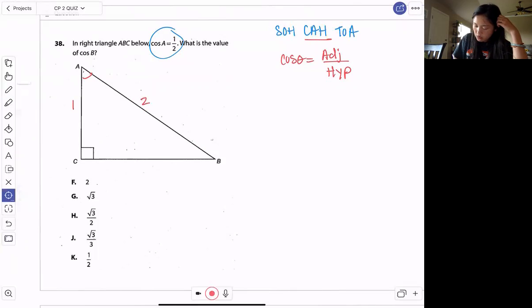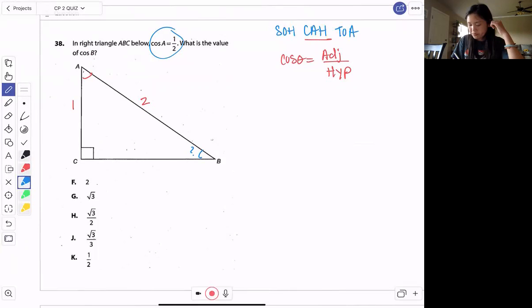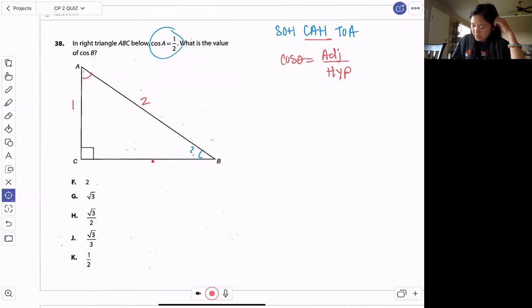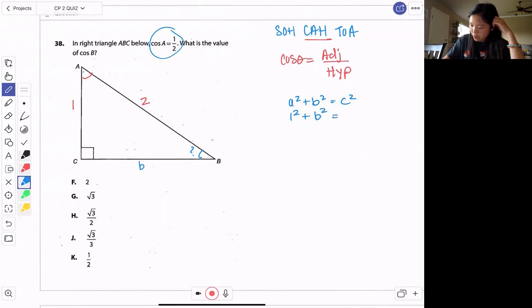So if I want to know what cosine of B is, which is this particular angle here, then I need to know what this side is because this would now be the adjacent side. So to figure that out, I need the Pythagorean theorem. So the Pythagorean theorem is a squared plus b squared equals c squared. Well, I know that this side's 1. I don't know what this side is. I'm going to call that b. And I know that my hypotenuse, which is c, is 2 squared.